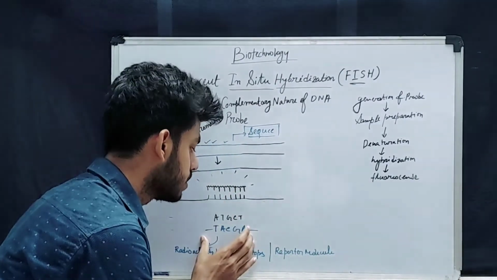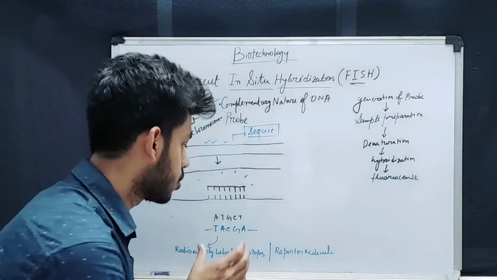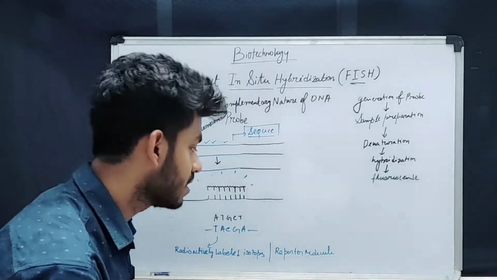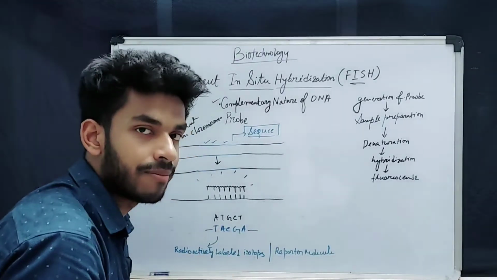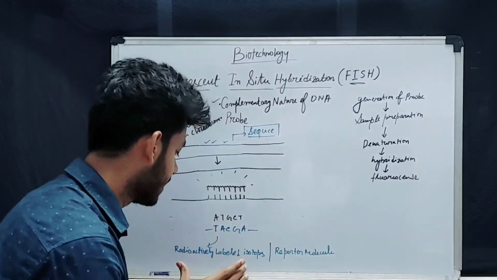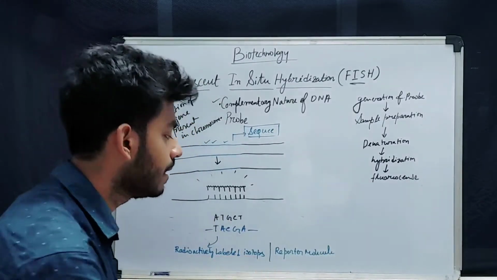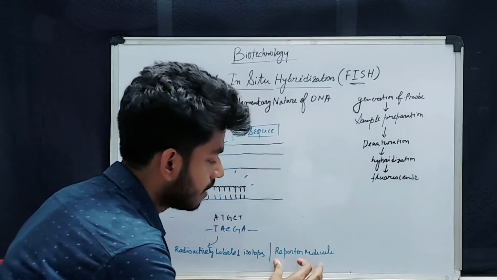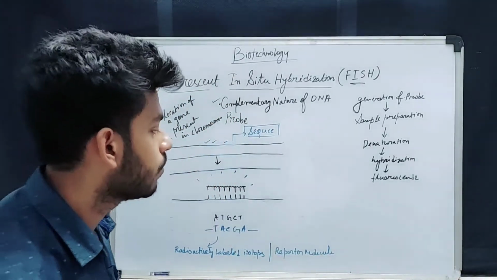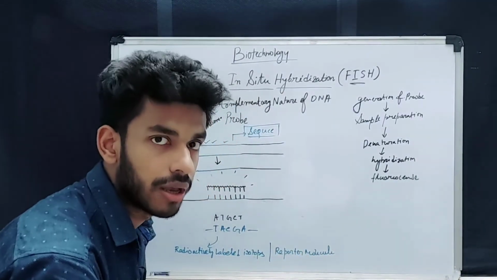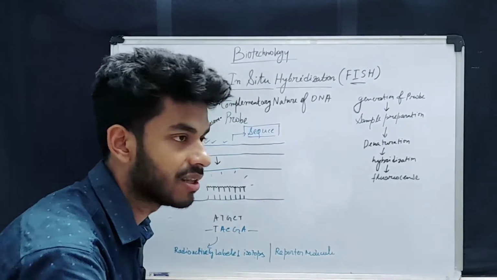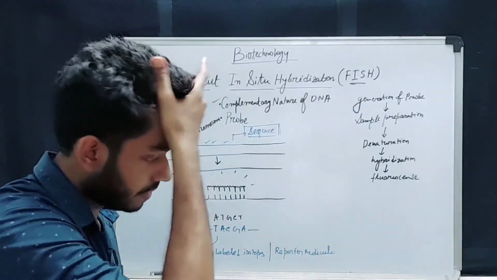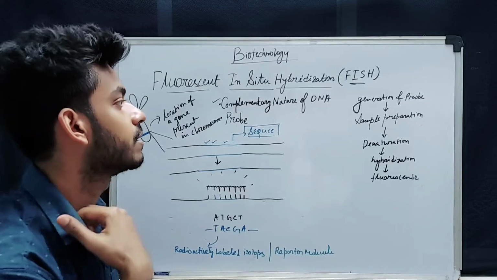A probe is a short stretch of nucleotide sequence that has modified bases. The modification can be radioactive labeling, or the modification can be a reporter molecule. A reporter molecule is a molecule that reports that something special is in it. We will be discussing this in the later part.